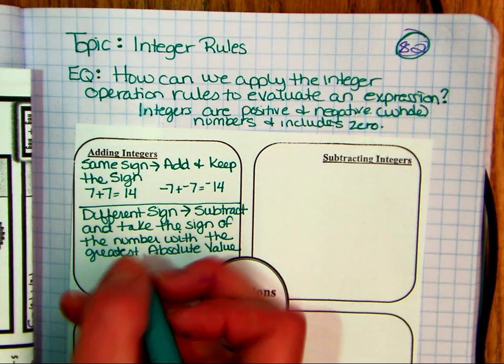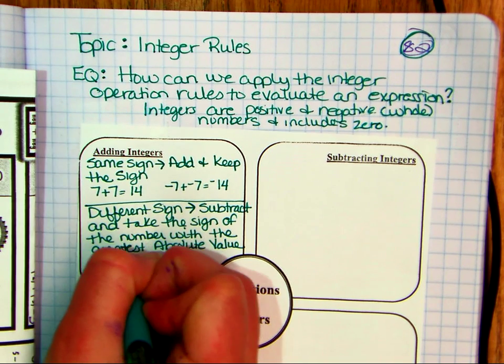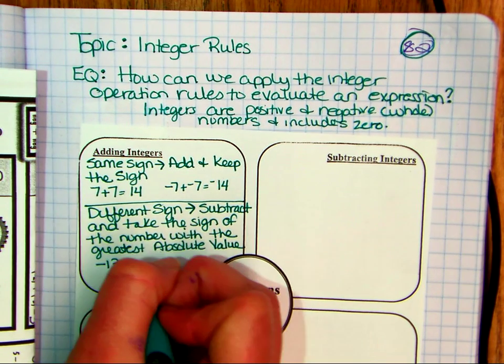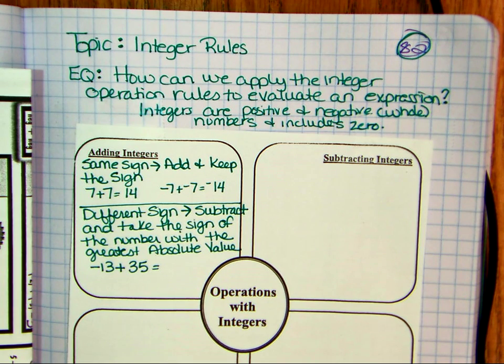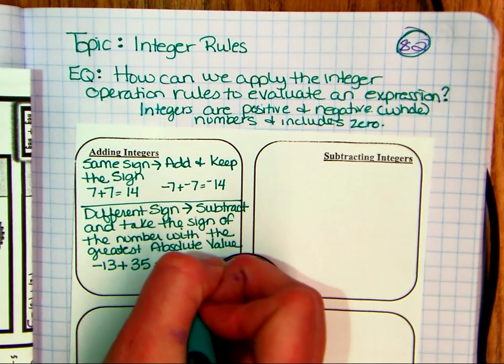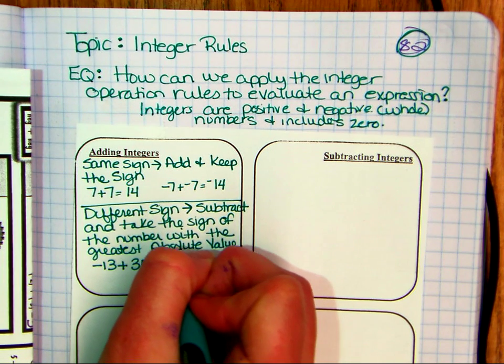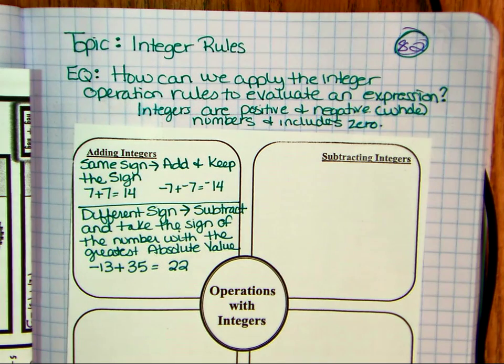So for example, if I had negative 13 plus 35, well, the first thing I'm going to do is take the bigger number, which is 35, and subtract the smaller number, which is 13. Well, 13 from 35 is going to be 22. So now I have to decide, is my answer going to be a positive or a negative?